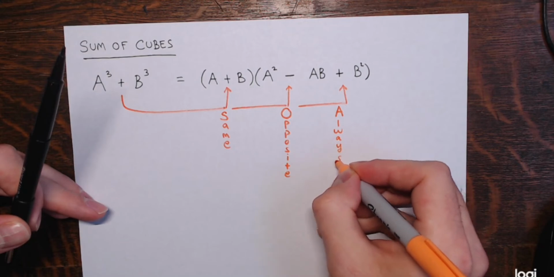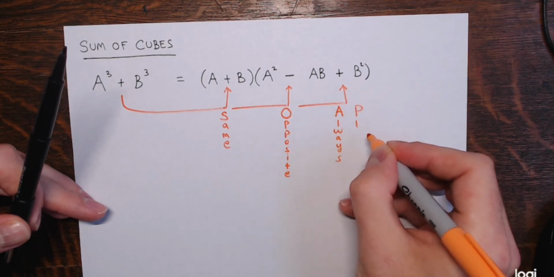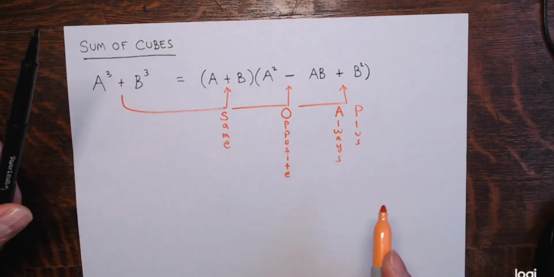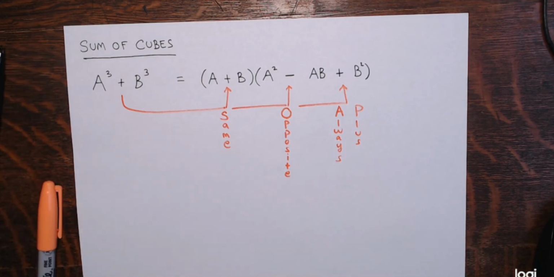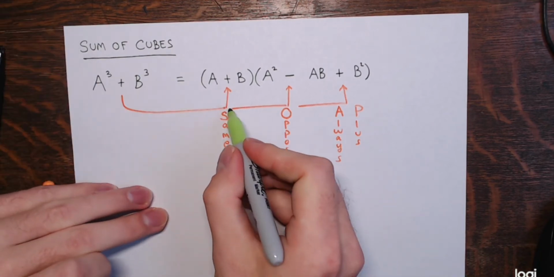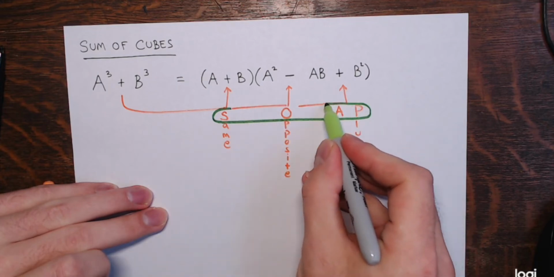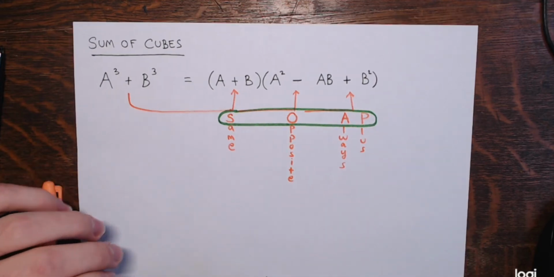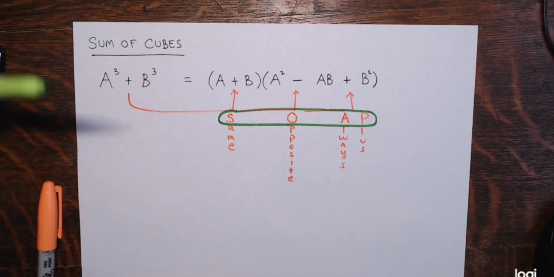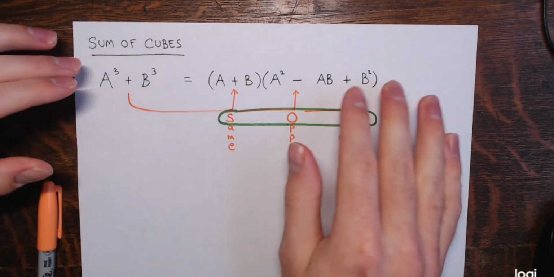Always plus, or always positive. You may have seen this acronym before in your life, but take the first letters of all those words there, it spells SOAP. Like a bar of soap. So think SOAP when you're going through the signs here.